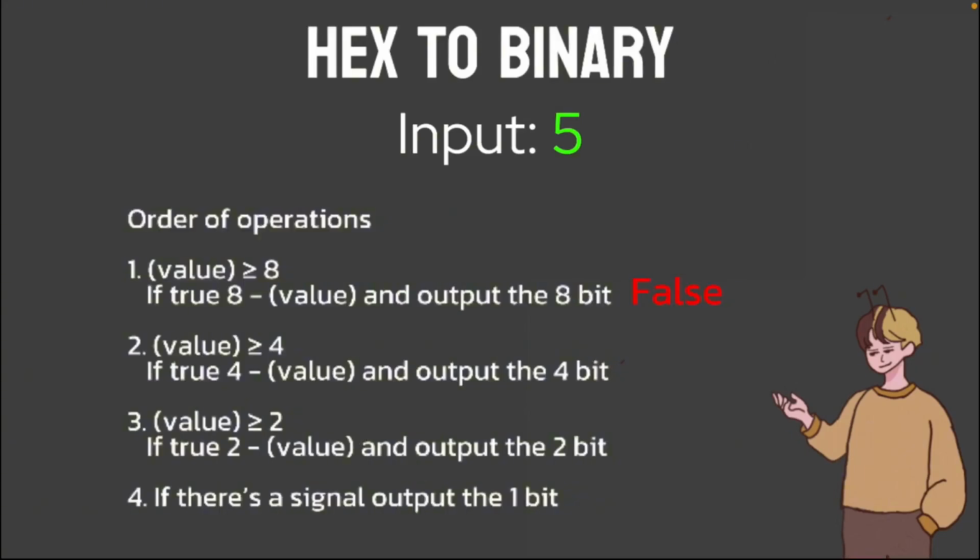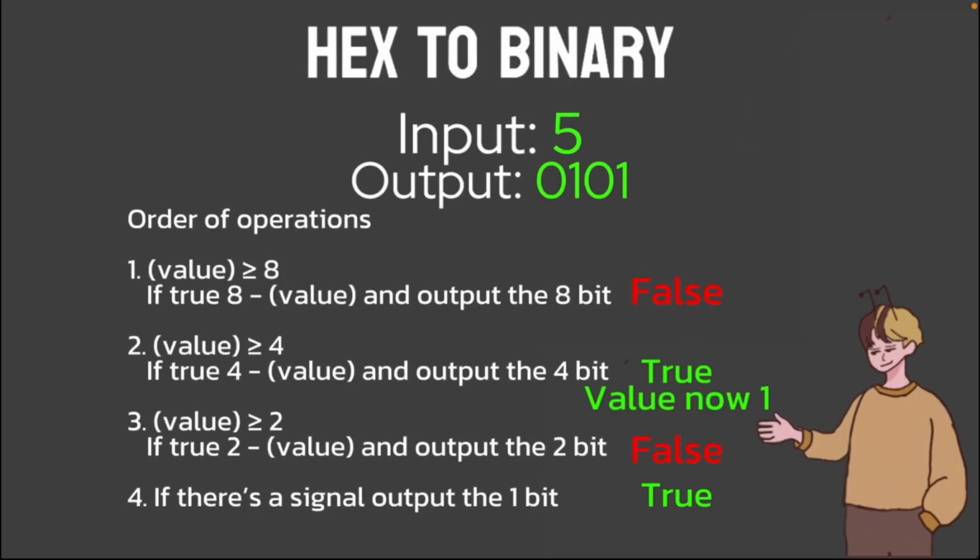So, 5 isn't greater than 8, so nothing happens. 5 is greater than 4, so we subtract 4 from 5, which leaves us with 1, which is now our new value. 1 isn't greater than 2, so nothing happens. And as I mentioned, if it bypasses all of that, it just goes to the output, which is 1. So, putting that all together, we get 0, 1, 0, 1, or 5 in binary.